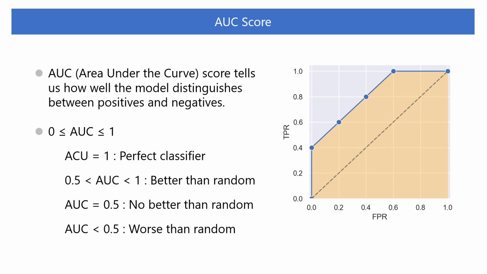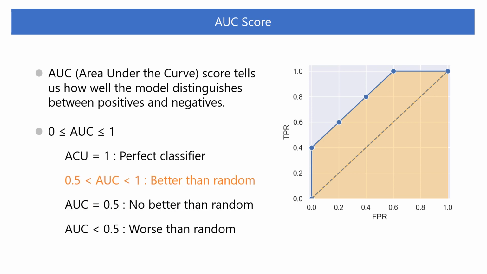If the ROC curve exactly overlaps the 45-degree line, the ROC bisects the area and the AUC score is 0.5. Thus, when the AUC score is 0.5, it means that the model's predictions are no better than random guessing.